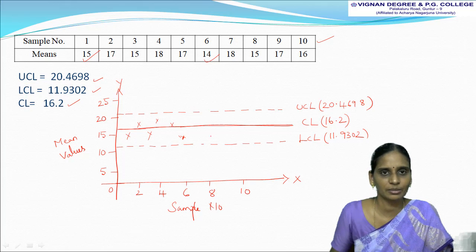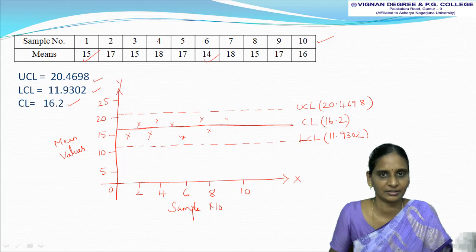And the seventh sample, the corresponding mean is 18. In the eighth sample it is 15. In the ninth sample, the value of the mean is 17. And the 10th sample, the value of the mean is 16.